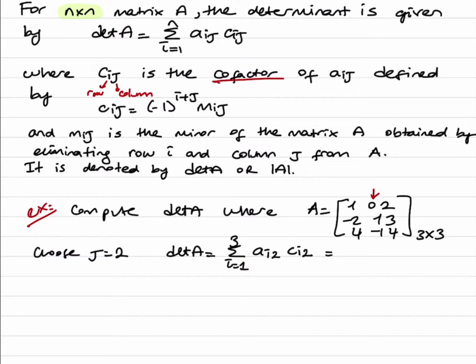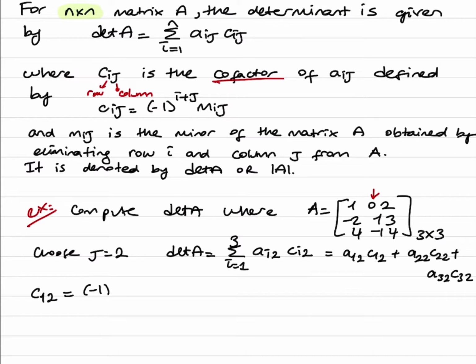So what is the determinant? The determinant is a12 c12 plus a22 c22 plus a32 c32. Okay, I'm using the formula to compute c12. So what was it?